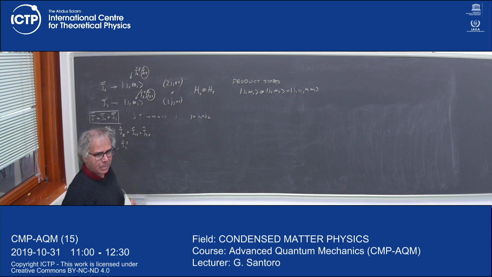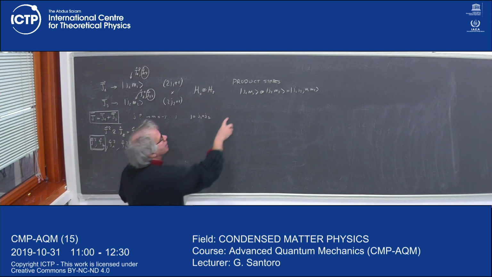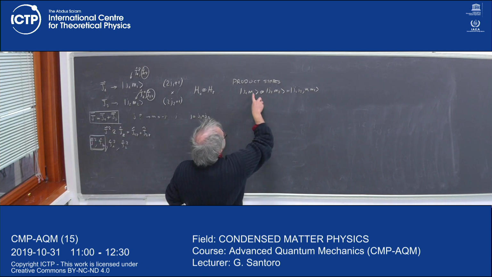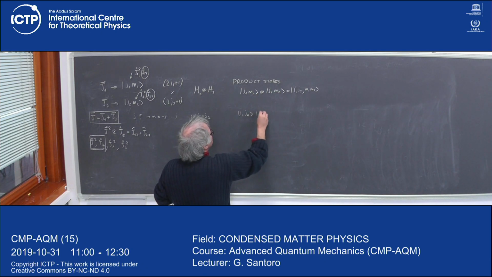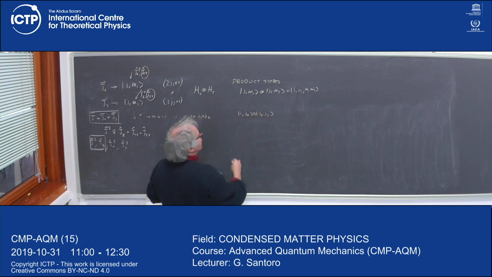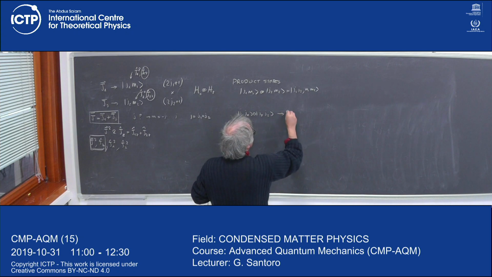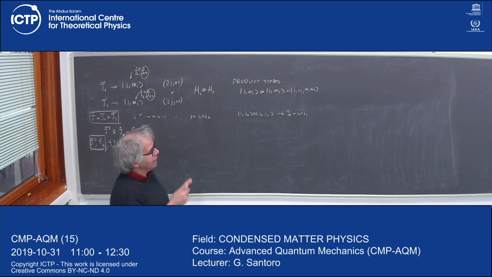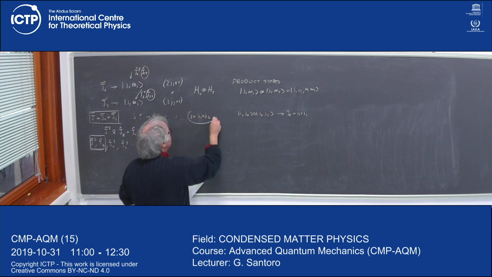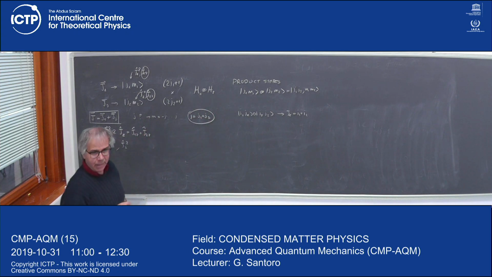Why? Because I can take the topmost object here, which is |J1, J1>|J2, J2>, and this object has a given value of JZ, which is the sum of the two. Certainly I cannot do more, and this has to be an eigenstate of J squared, as we discussed last time in that simple example.